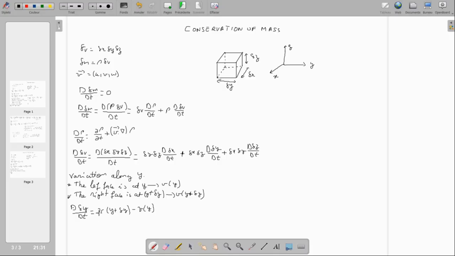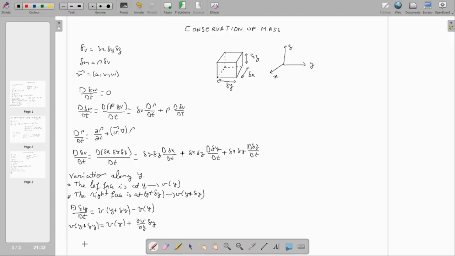So now we're going to expand the velocity at y plus delta y using a first order Taylor expansion. So v at y plus delta y equals v_y plus partial v over partial y times delta y.